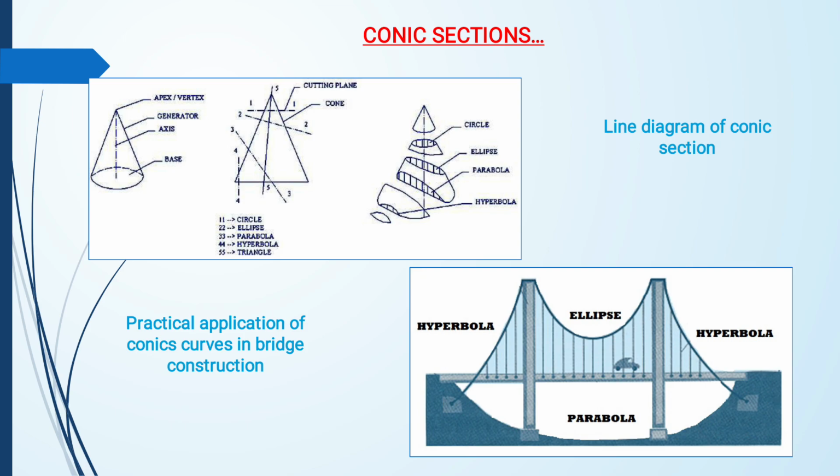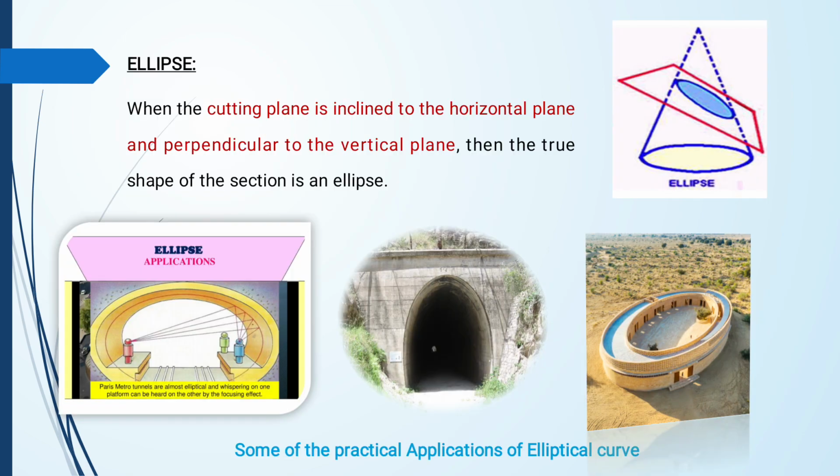Listen everyone. When the cutting plane is inclined to the horizontal plane and perpendicular to the vertical plane, then the true shape of the section is an ellipse.